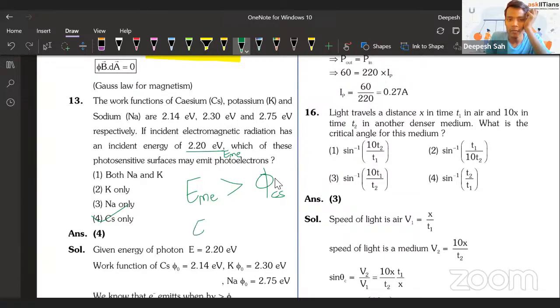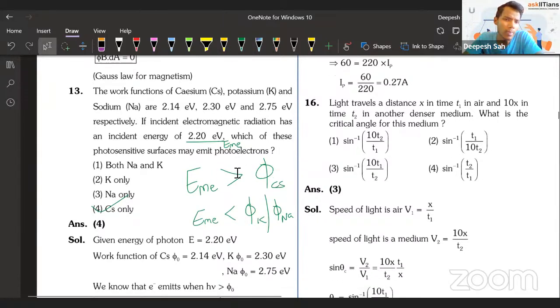But the energy given by me is less than the work function of potassium or sodium. Because they have a bigger work function, they will not eject electrons.